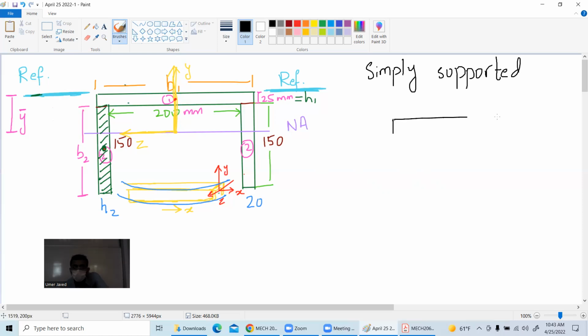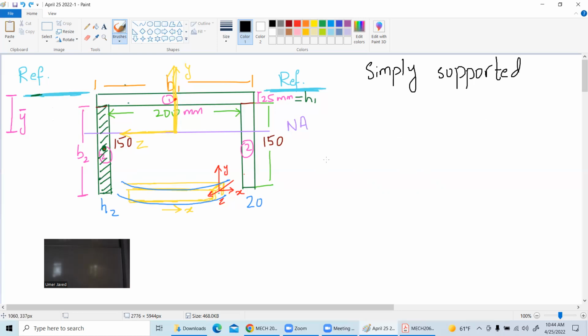So let's say from the side view, you have an object like this. How will it bend? It will bend like this, correct? So please focus on this yellow structure, this little thing I have created. So if it is bending like this, the question says that for a moment of... hang on.